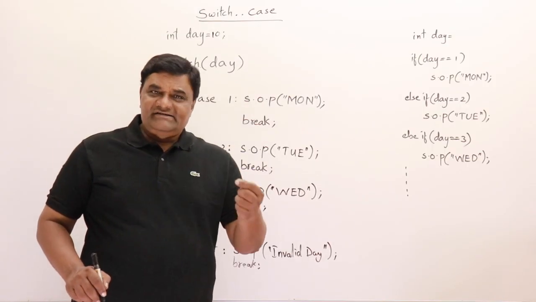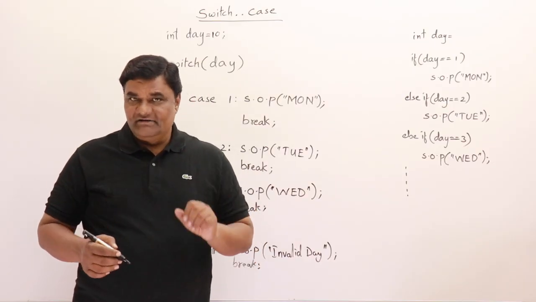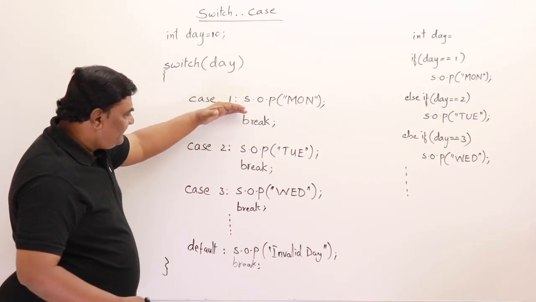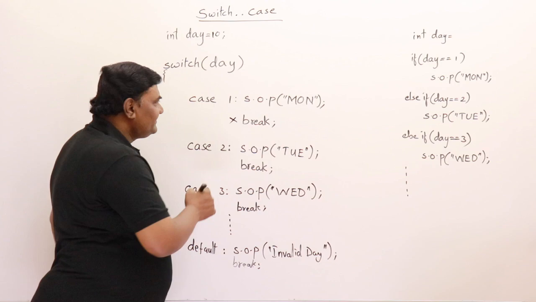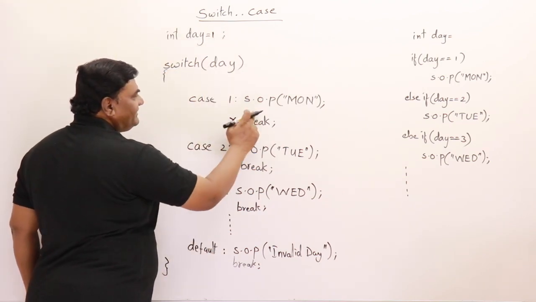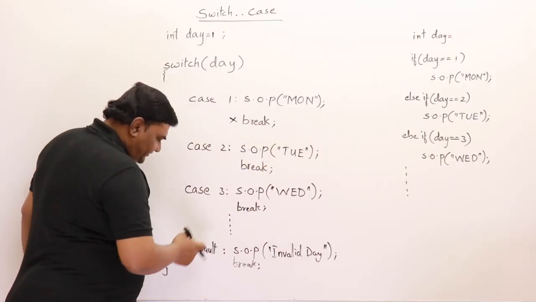Now, next thing, what happens if I don't give break? If you don't give break, then it will execute the following cases also. Suppose this break is not there, and the day number is 1, then it will print Monday as well as Tuesday. Then it finds break, so it will stop.